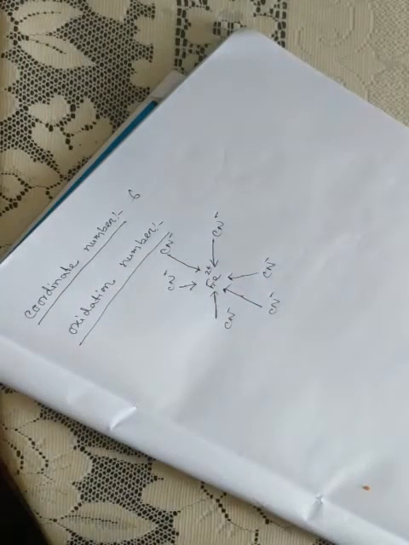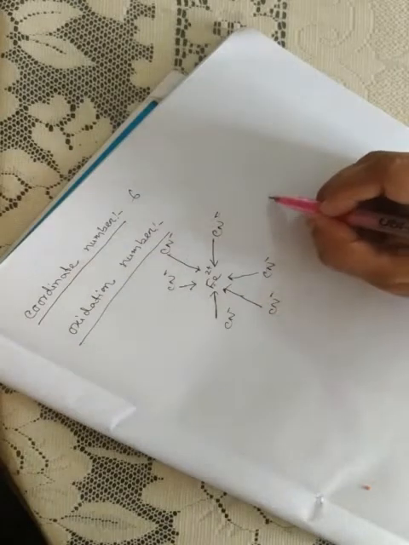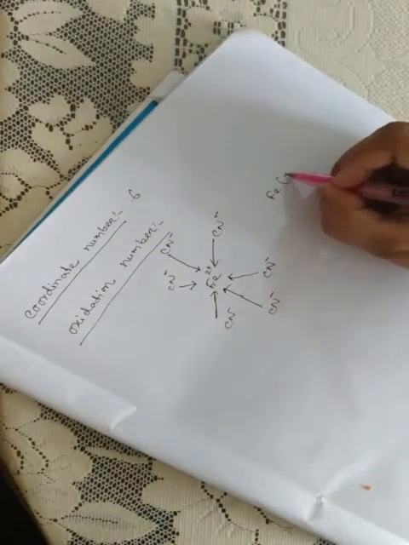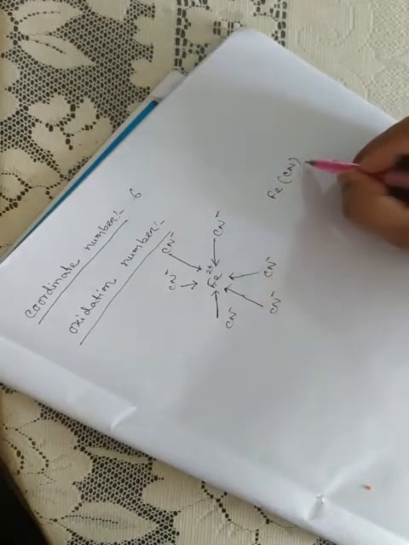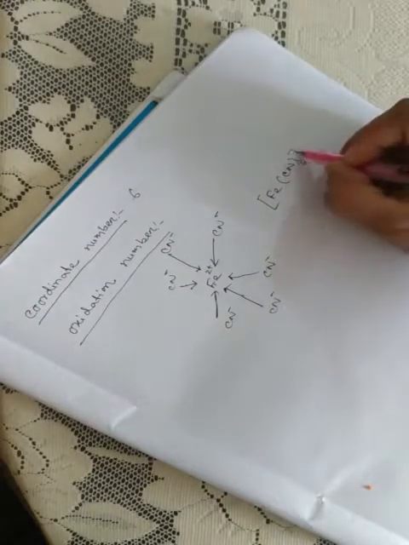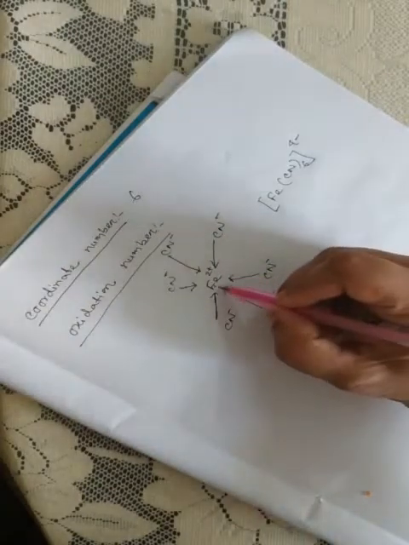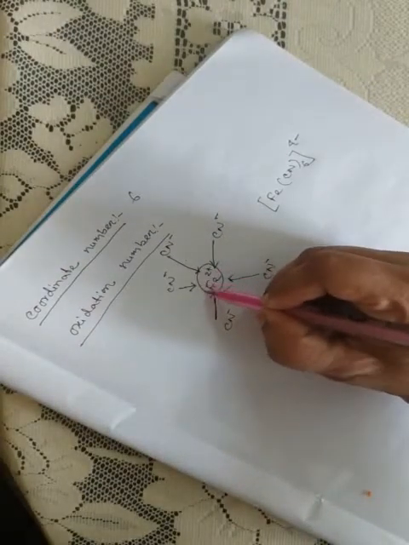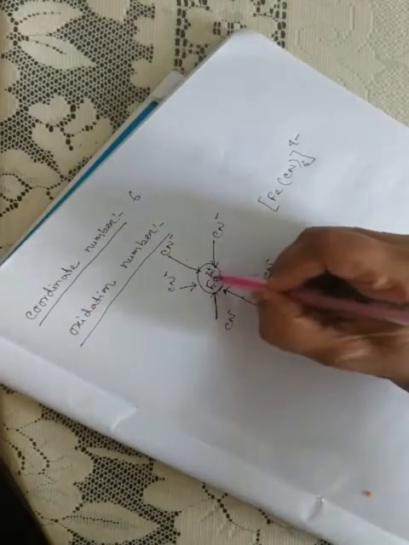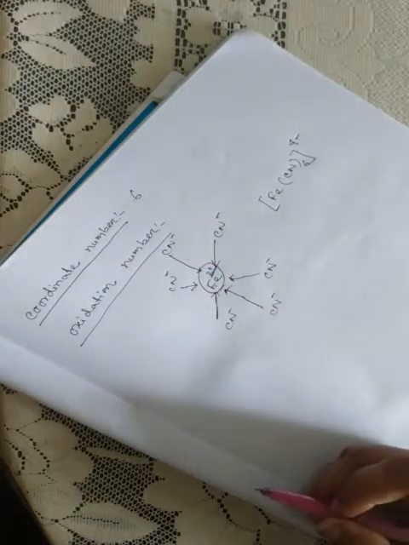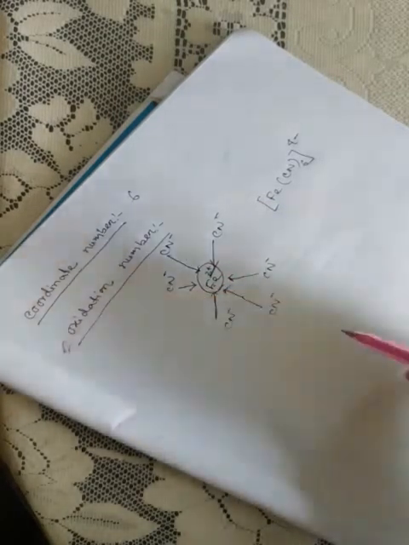What is oxidation number? The compound structure is like that, Fe(CN)6 4 minus. Now what is oxidation number?